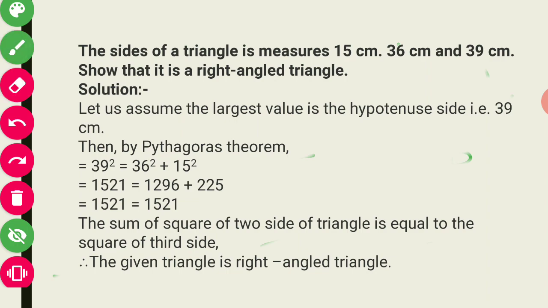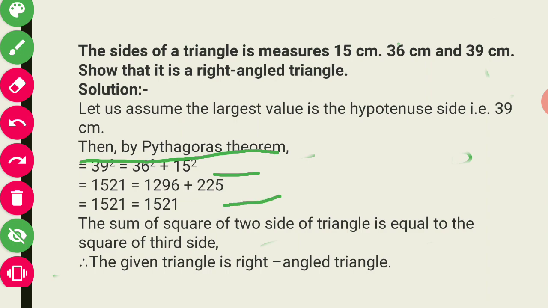So by using the Pythagoras theorem, 39 square is equal to 36 square plus 15 square. This we have to verify. So let's find out the square of 39. The value of 39 square will be 1521. The square of 36 will be equal to 1296, and the square of 15 will be equal to 225.